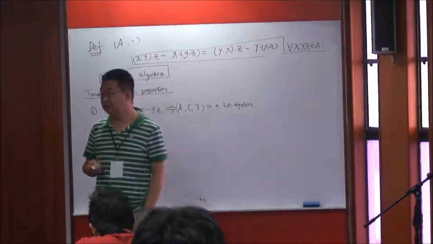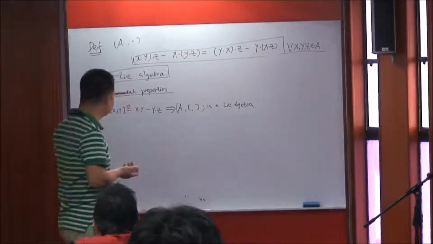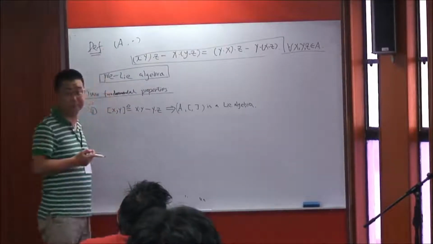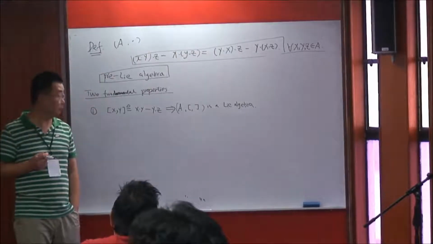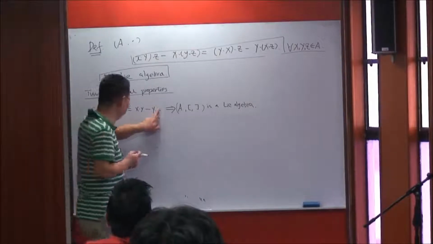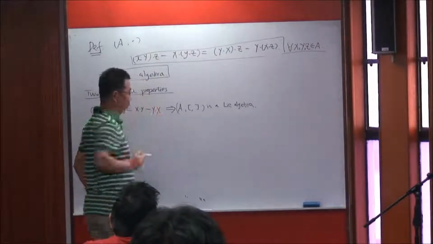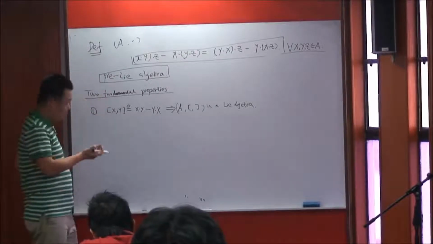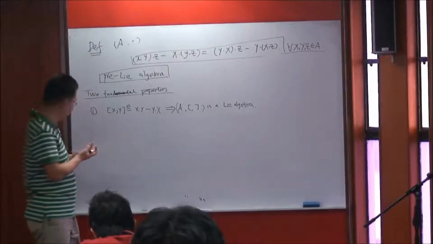So in this sense, it's very natural to call such an algebra structure pre-Lie. Why? They have a very simple proof.